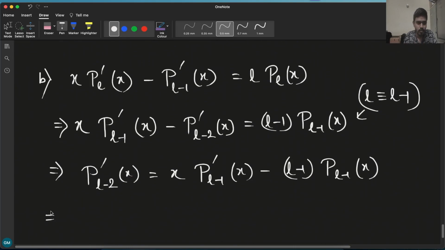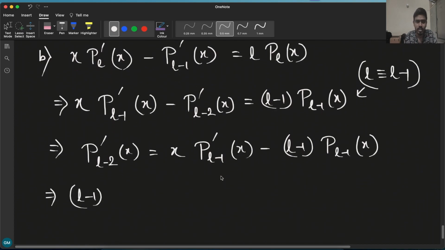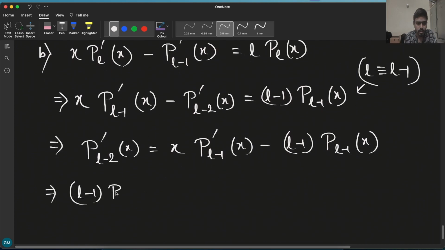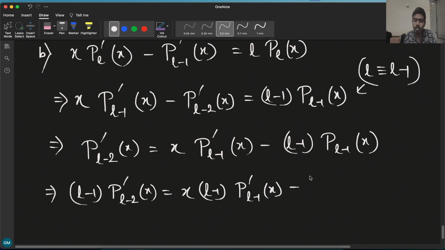Let me multiply it with L minus 1 also, because here there is L minus 1 multiplied with it. So p dash L minus 2x equals x L minus 1 p dash L minus 1x minus L minus 1 whole square, that is L square minus 2L plus 1, P L minus 1x.